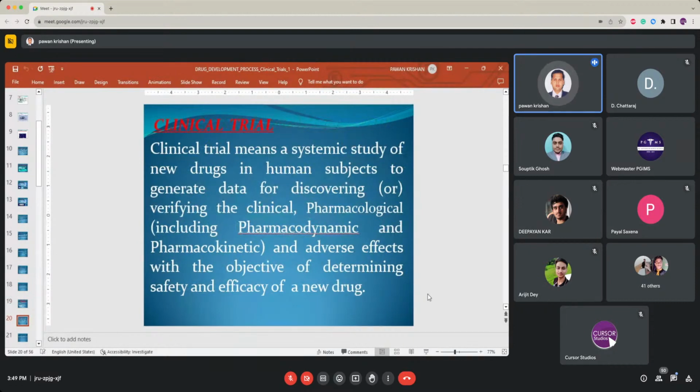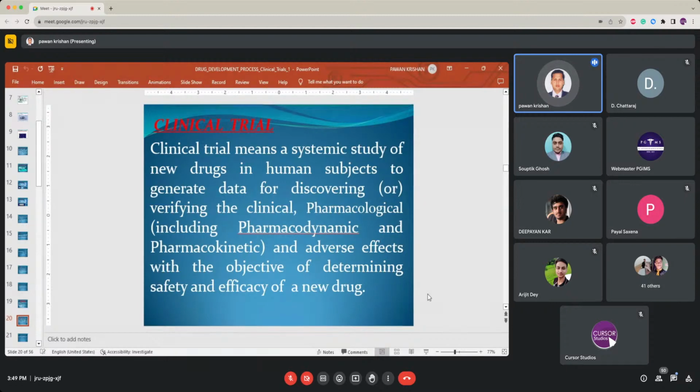So when you get the permission, then we have to perform the clinical trial in the drug development stage, which is now a very upcoming field nowadays, because a lot of clinical trials are being conducted and required to be conducted for any drug, new formulation, whatever it is.